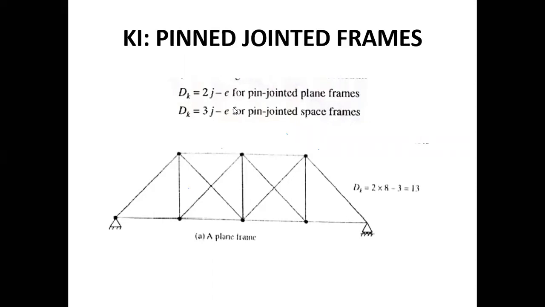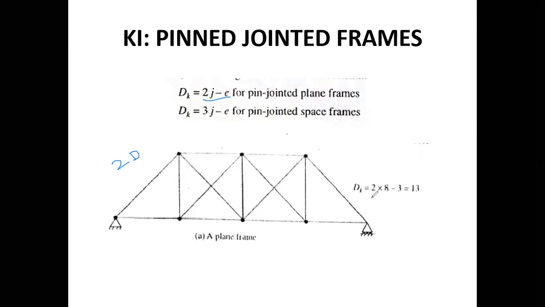In this case, it will be 3 multiplied by joints. Sorry, 2 multiplied by joints, because it is a 2D frame or a plane frame. So the equation will be 2j minus e. So number of joints here are 1, 2, 3, 4, 5, 6, 7, 8.